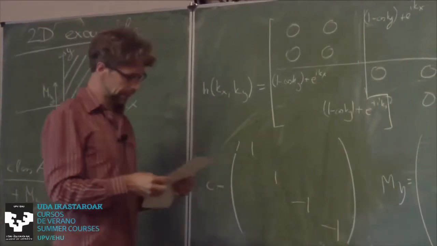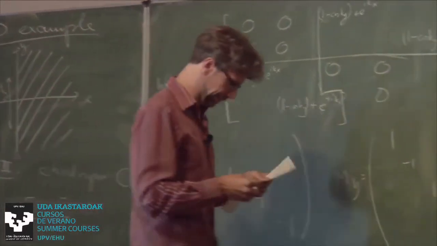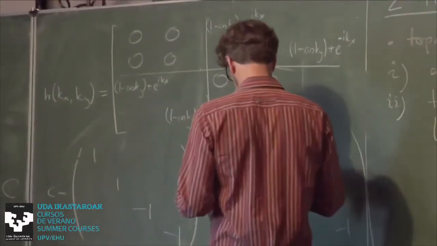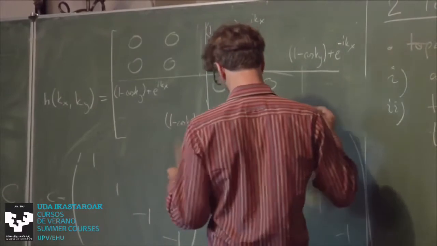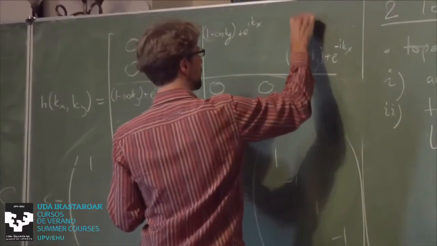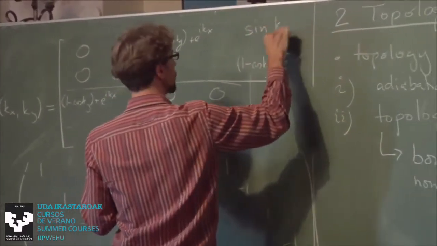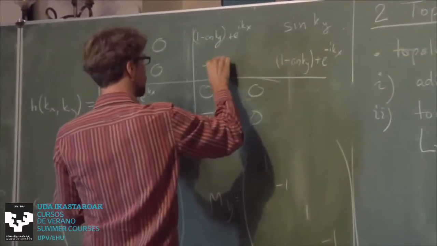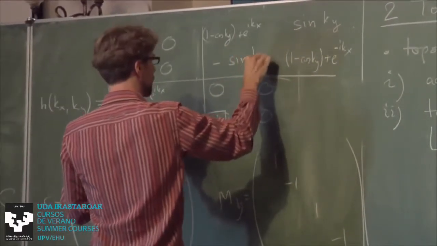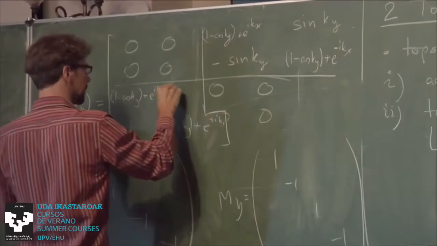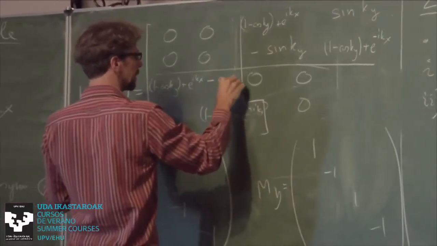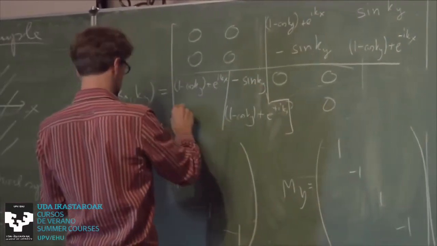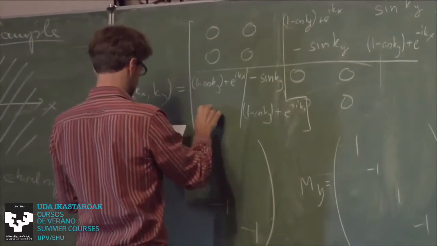Now the only thing I have to make sure is that these things are actually gapped all the way and also mirror symmetric. Then I can add some signs again, like in the Chern insulator example, to make sure that they are gapped everywhere else. And then we'll look at what I have actually constructed here.